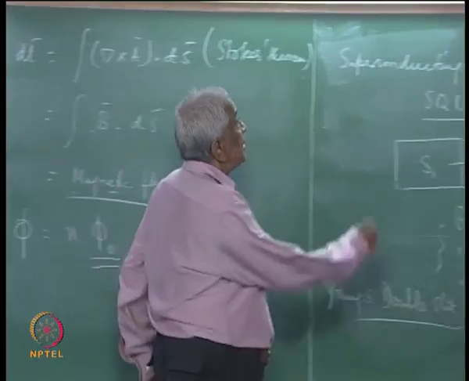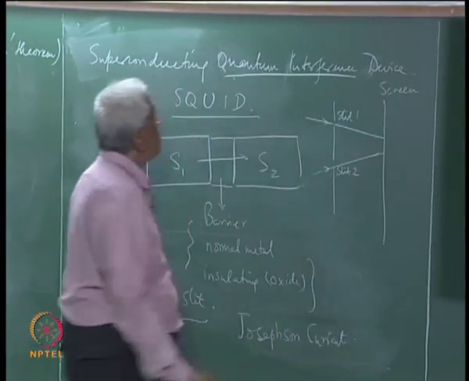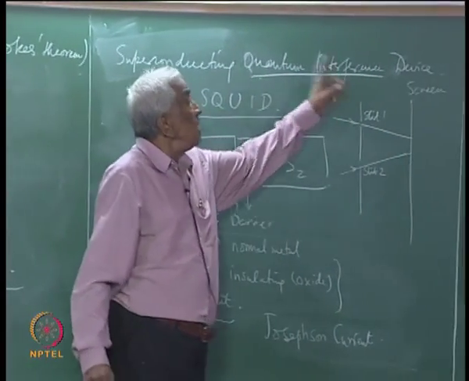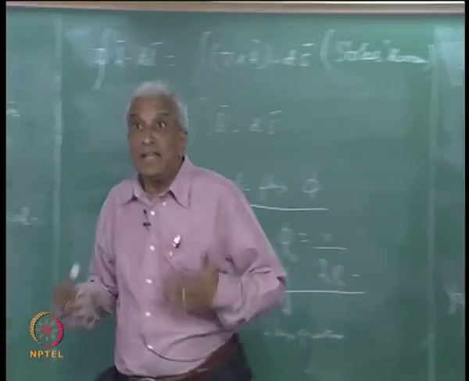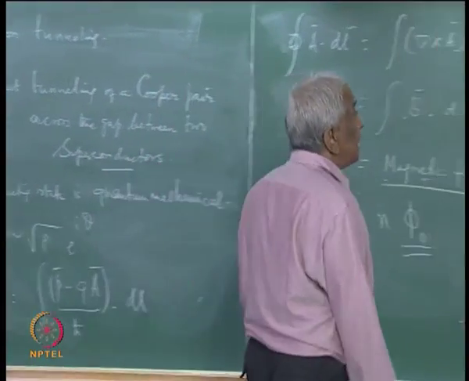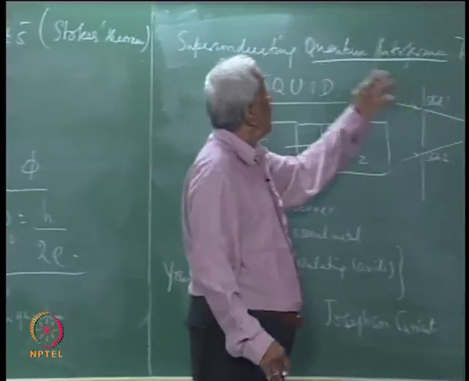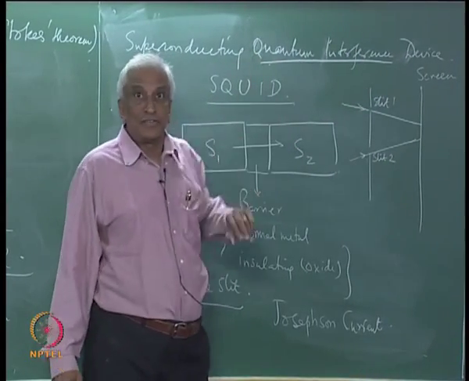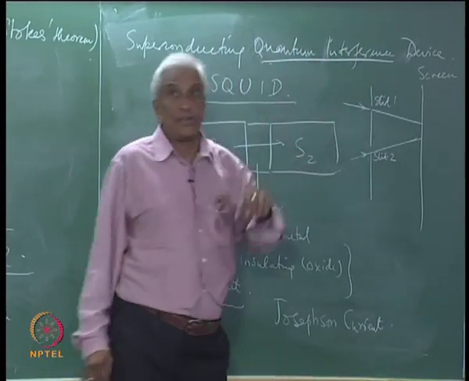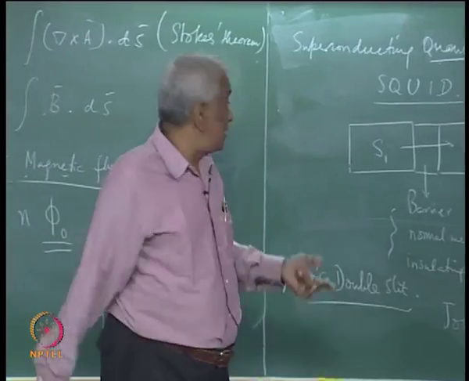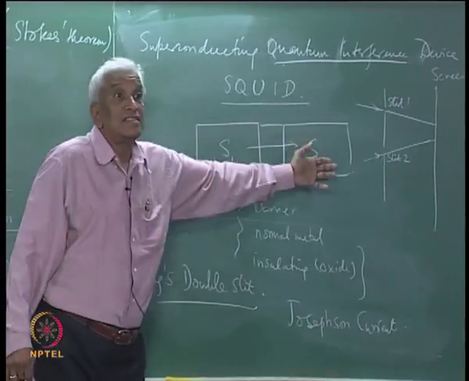So, one is actually carrying out a quantum interference experiment, just like in the Young's double slit you have an optical interference. So, one performs quantum interference, which is a direct verification of the quantum mechanical nature of the superconductor.